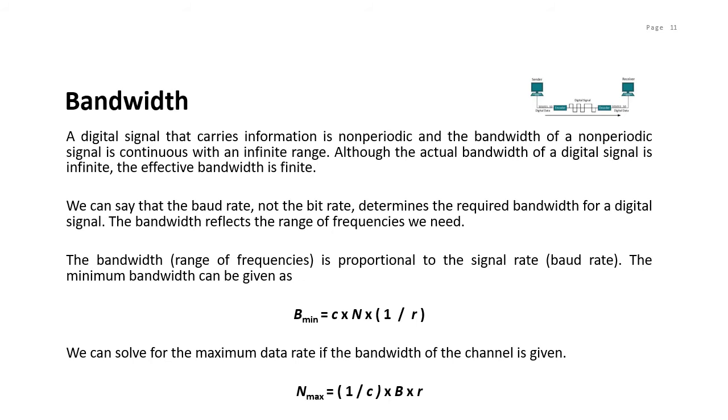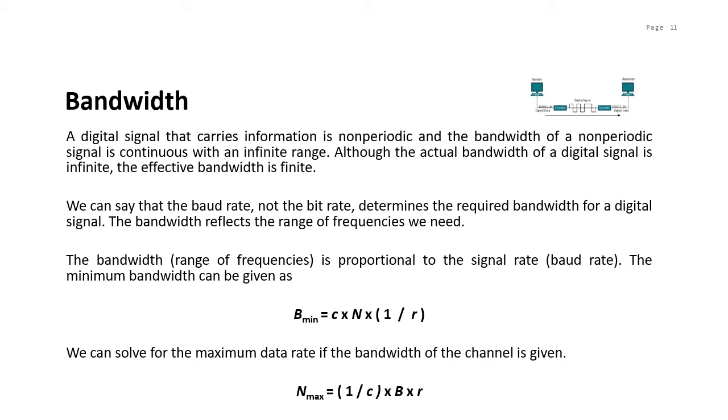Okay, let's go to the next characteristic, which is the bandwidth. If you recall, a digital signal that carries information is non-periodic. You can see that the bandwidth of a non-periodic signal is continuous with an infinite range. However, most digital signals we encounter in real life have a bandwidth with finite values.